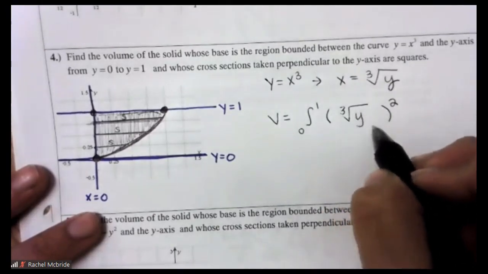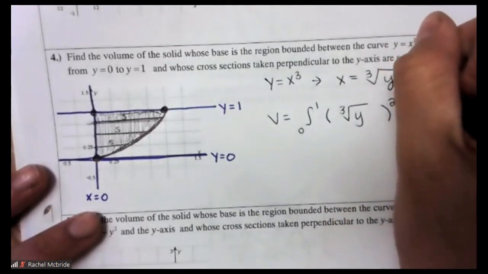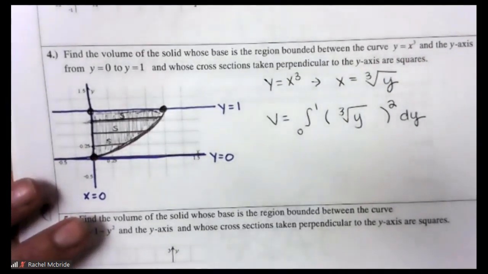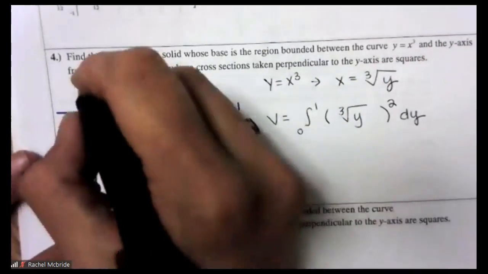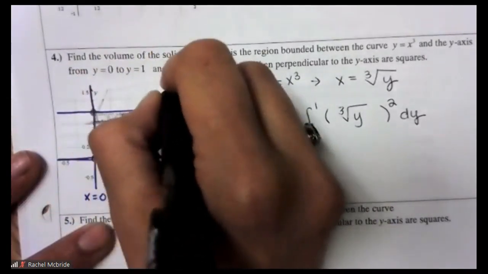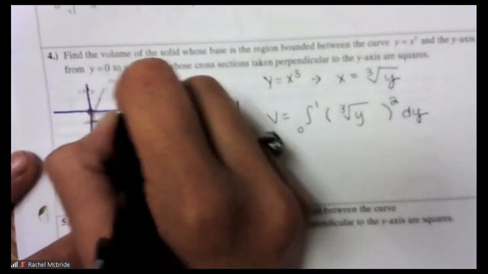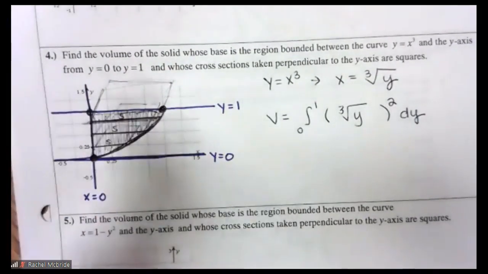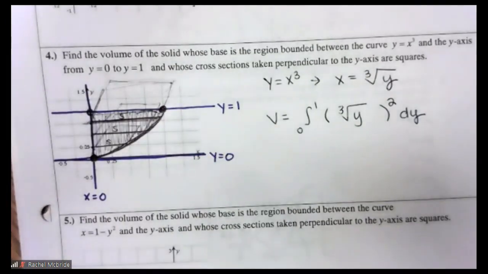My variable is y, so my differential is dy. So my squares are kind of coming up in the air this way, as opposed to turned the other way. And now you're just going to integrate the same way you would before.